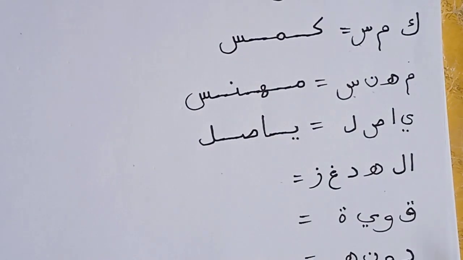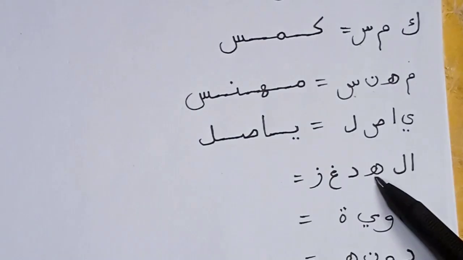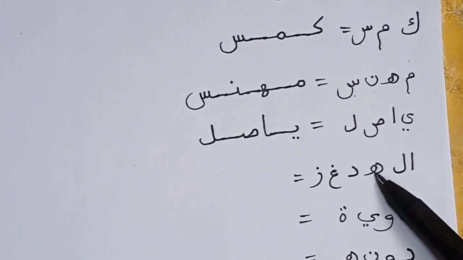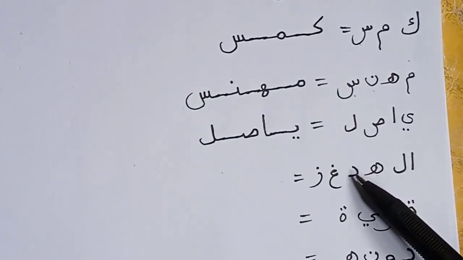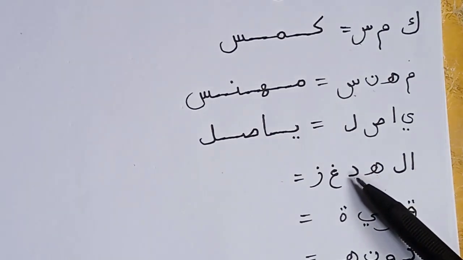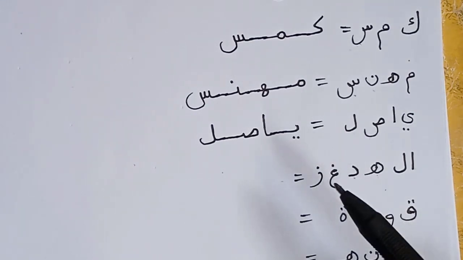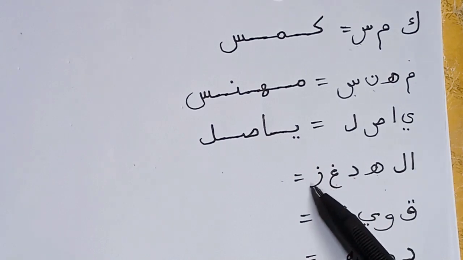To join this, it means that alif from this joint will not join lam, and lam will join ha from the same group. Then ha preceding the disjoint will also join dal, but dal from this joint will not join ghain. Then ghain will also join zai.